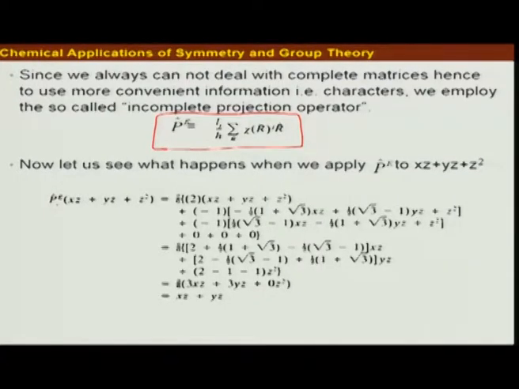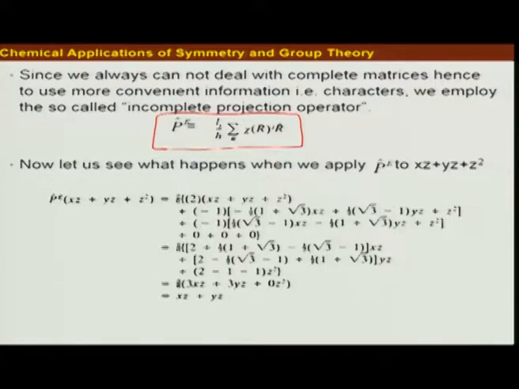So you find a character table for this C3v point group, and now you do the same thing here, that is, the Li and Lj values remain the same, and instead of multiplying the effect of R on the function by the diagonal matrix element, here you are directly multiplying with the character corresponding to that particular symmetry operation.